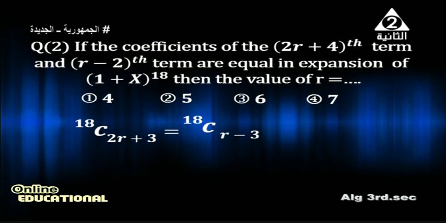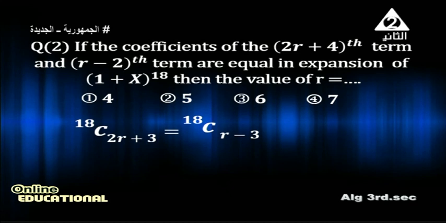But 6 minus 3 equals 3. Is 18C15 equal to 18C3? Yes. Why? Because the difference between 18 and 15 is 3. Therefore, r equals 6 by using substitution.